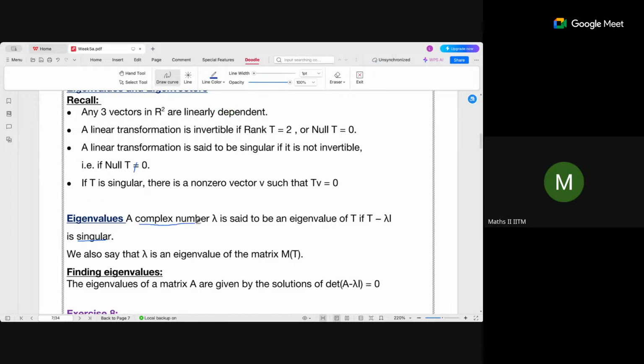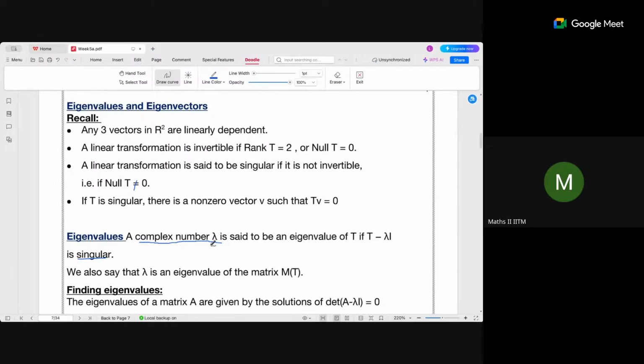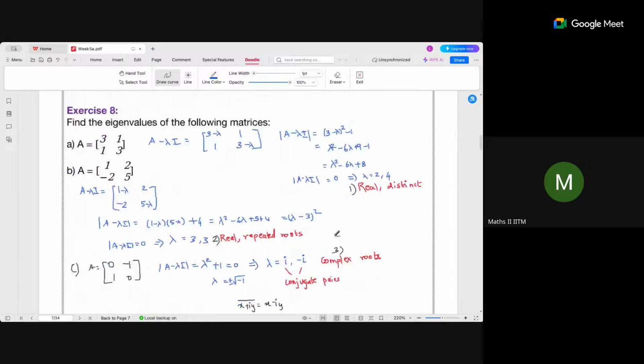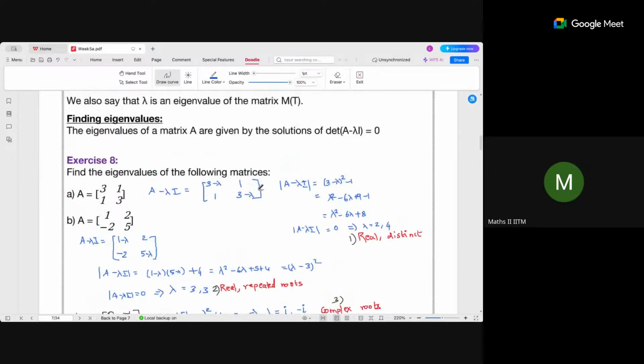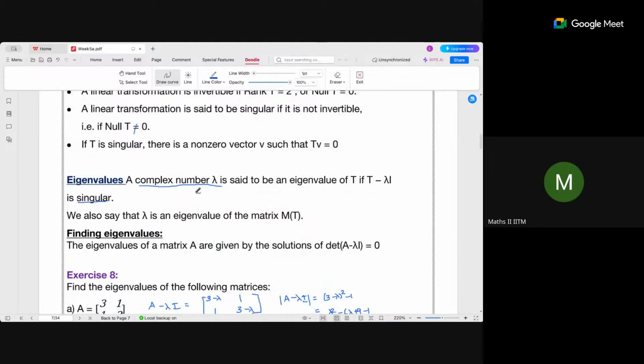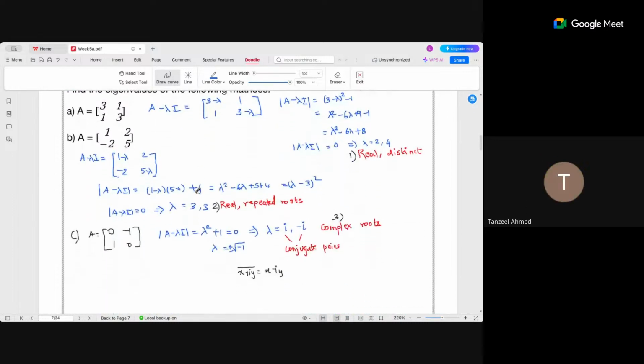Even if T is a transformation from R2 to R2, you will have a complex number lambda as an eigenvalue, because for a quadratic equation we can have complex roots even with real coefficients. That's why in the definition itself, we say that lambda is a complex number. Is that clear?